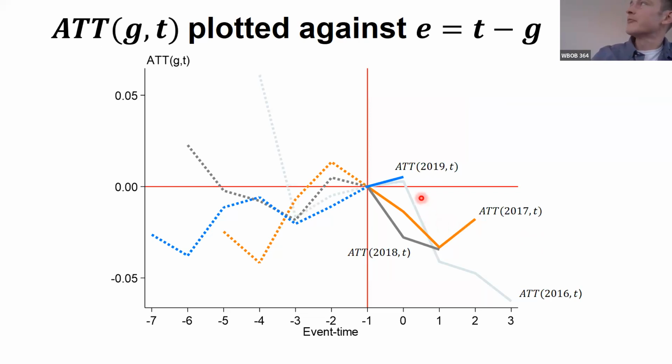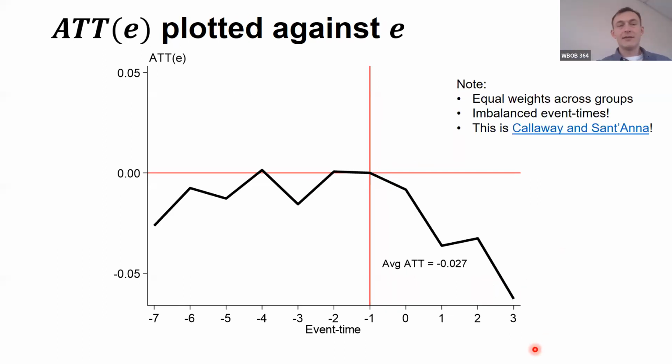If the 2016 group was very big, they got way more weight, then the year zero effect would get dragged up towards zero. Right now, I'm giving it equal weight, and so the first year effect is kind of negative-ish. This heterogeneity is another reason why you need to think super carefully about the aggregation step. It matters how you're going to average these things.